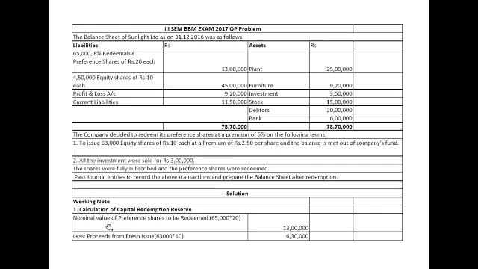When we take the nominal value of preference shares, you have to take only the face value or nominal value, not the premium value, even though redemption may be done at premium. For example, in this problem, the redemption is done at 21 rupees, but for the calculation of CRR it should be taken only at nominal value.